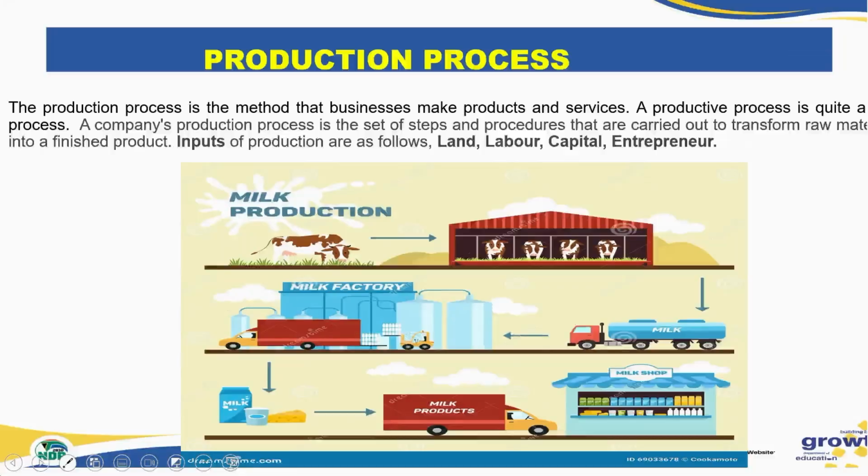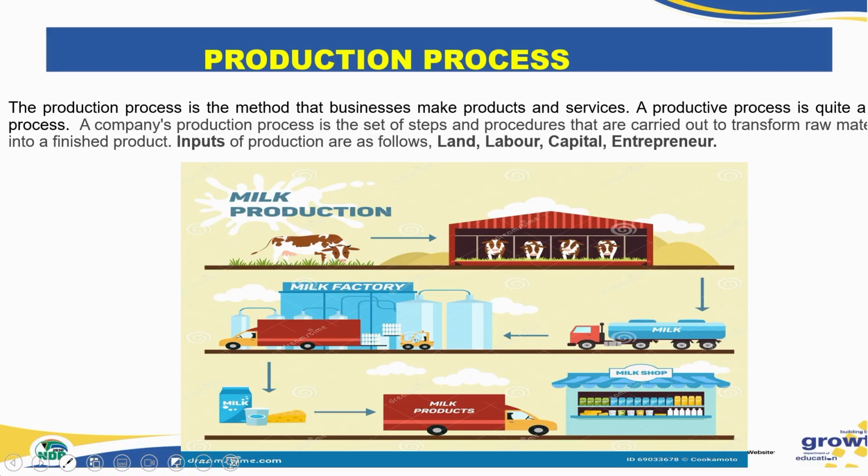Let's move on, learners at home. Let's come now to what is called the production process. What is a production process? It is the method that a business uses to make products and services.